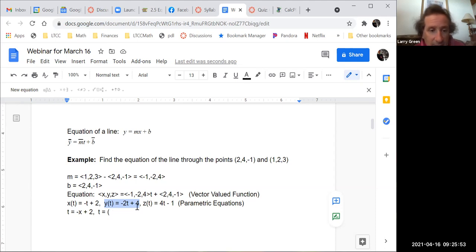The idea is you have to subtract 4 and divide by 2. So we get y minus 4 over -2, divide by -2. Very basic algebra. The key is do the basic algebra. How about the third one? What do you get t to be?